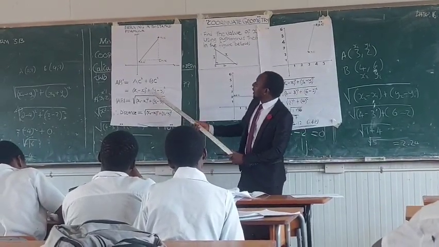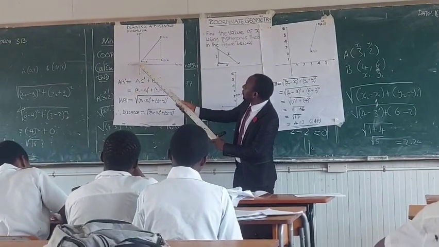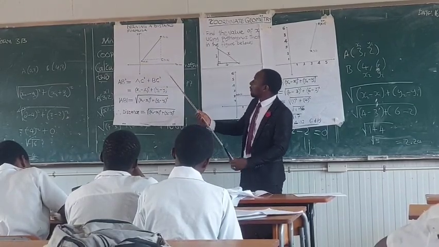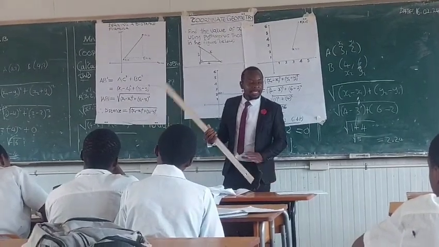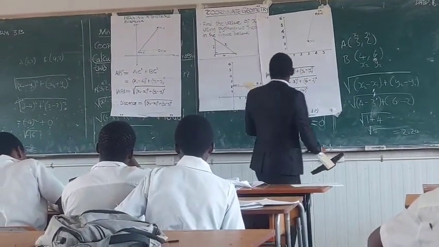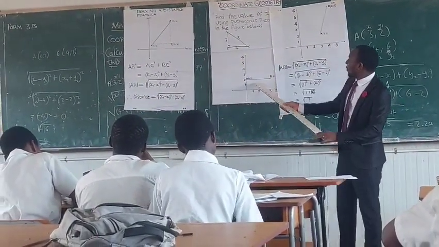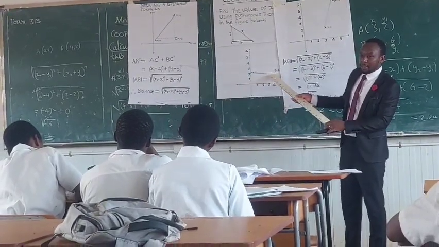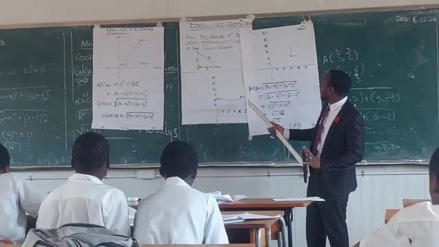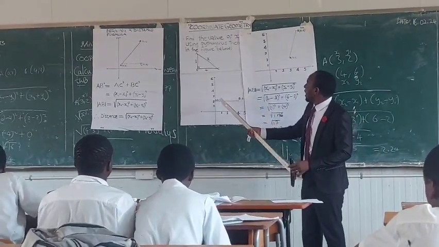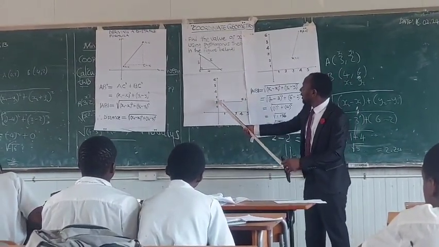On AC, meaning this distance, for us to get this distance we are going to subtract, just like we were subtracting here. When we were getting this straight line, do you remember what we did? We subtracted 4 minus 0, x2 minus x1.